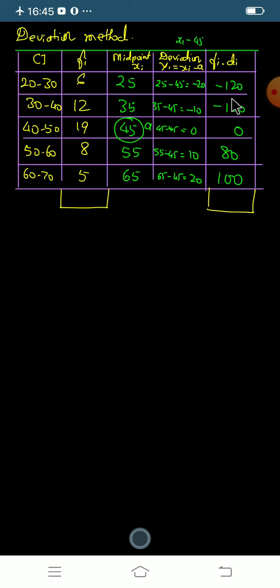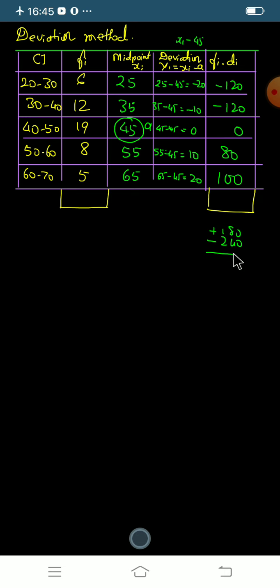So what we have to do? Here we have two negative numbers. We have to make a total of it. Make the sum of it: minus 120 and minus 120 is minus 240, isn't it? And the sum of these two positive numbers is 180. That is positive 180.